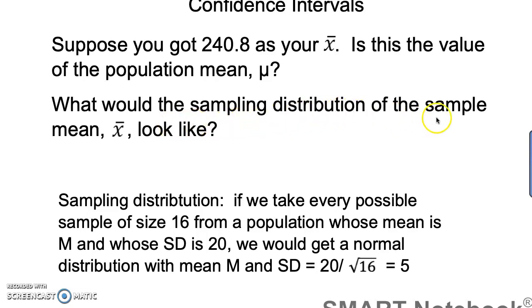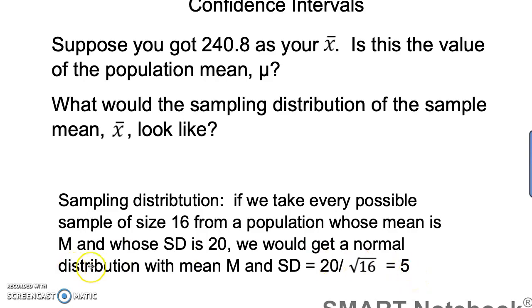What would the sampling distribution of the sample mean x bar look like? Well, remember what a sampling distribution is. If we take every possible sample of size 16 from a population whose mean is mu and whose standard deviation is 20, we would get a normal distribution with a mean of mu and a standard deviation of 20 divided by the square root of 16, which would give us 5.